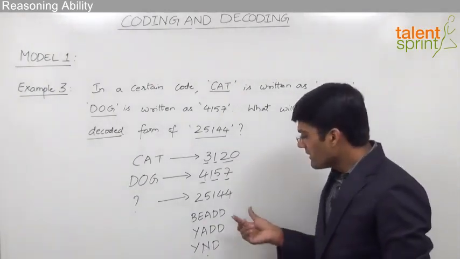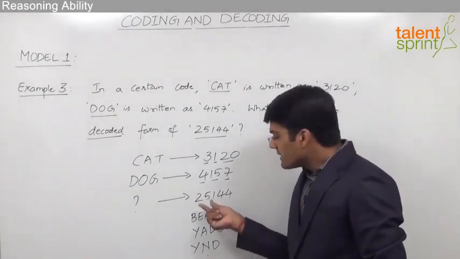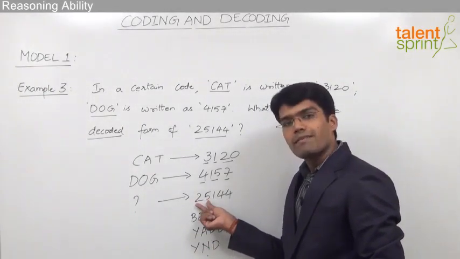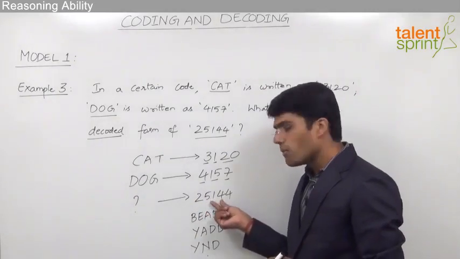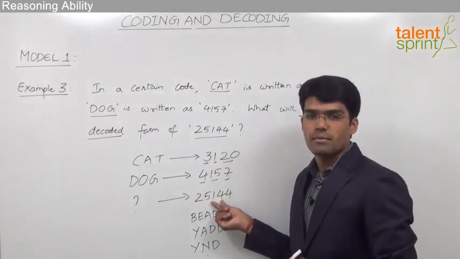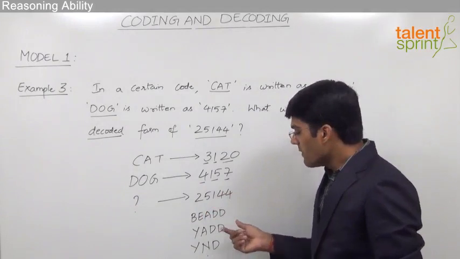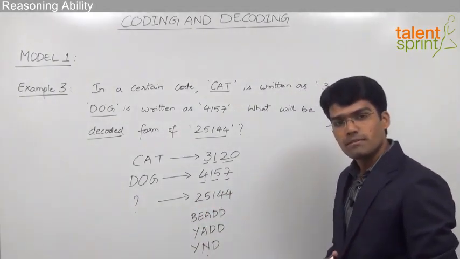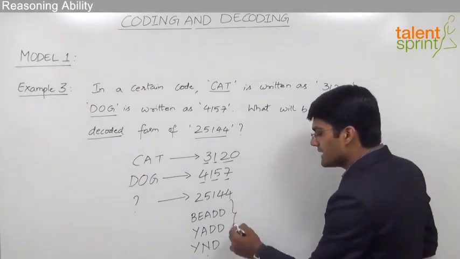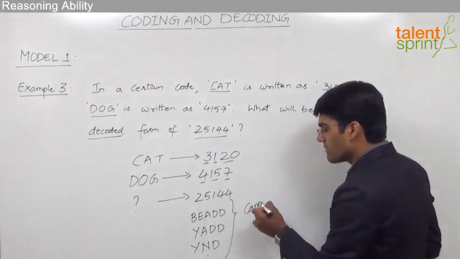So the problem here is we have no idea whether this number 25 is 25 or 2 and 5 separately, whether 1 4 is 14 or 1 and 4 separately. So that is the reason we are getting various answers for the decoded form of the given number, and hence we can say that the answer cannot be determined.